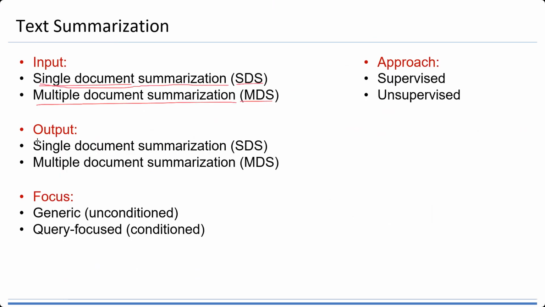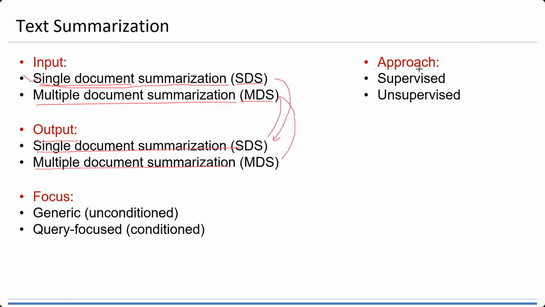The output can be single document summarization, SDS, or multiple document summarization. So it depends on what is the input. If the input is single, of course, we can have single. If the input is multiple, you can have single or you can have multiple.